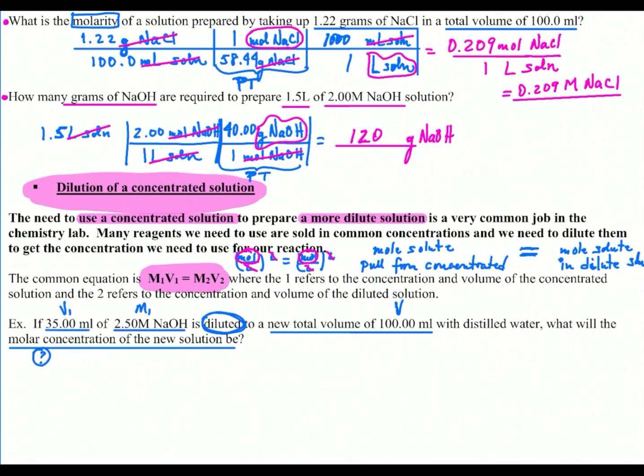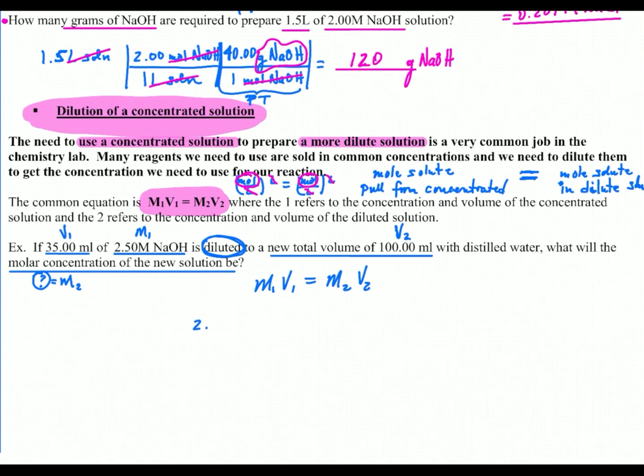V2, the volume after dilution, will be the 100.00 mils, and M2 is what you're solving for. So M1V1 equals M2V2. That's 2.50 molar times 35.00 milliliters, equals M2, which is what you're solving for, times the new volume of 100.0 milliliters.